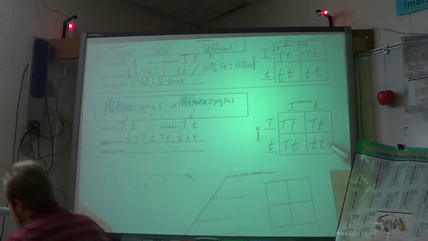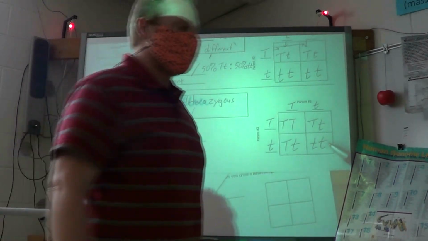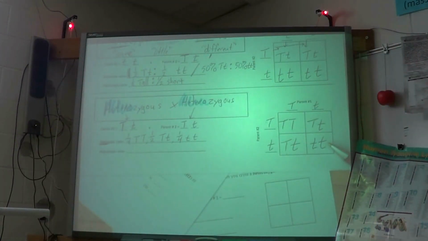Now, if these 2 pea plants sexually reproduce, and the first seed grows up, we plant that seed, and it grows up to be a little t, it's going to be short. Can I plant another seed and still get a second seed and have it be little t? Yeah. Could I plant a third seed and it still be little t?